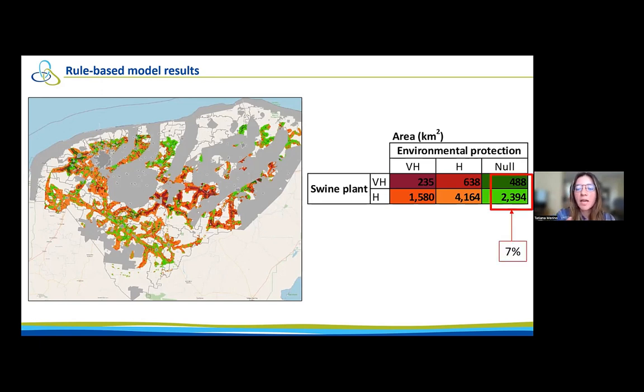So in sum, they represent 7% of the total area of the state. And considering a swine plant of around 2 square kilometers, we would say that this area is enough to install around 1,400 plants in the territory.